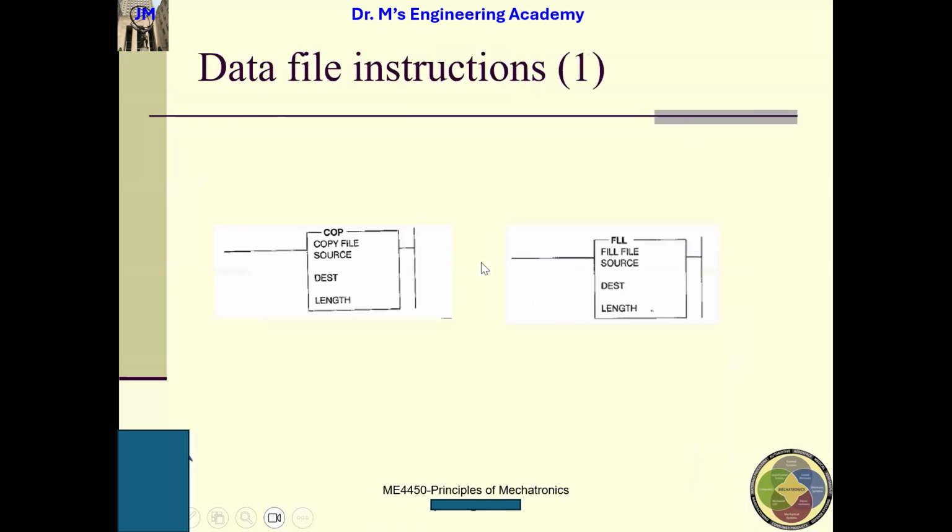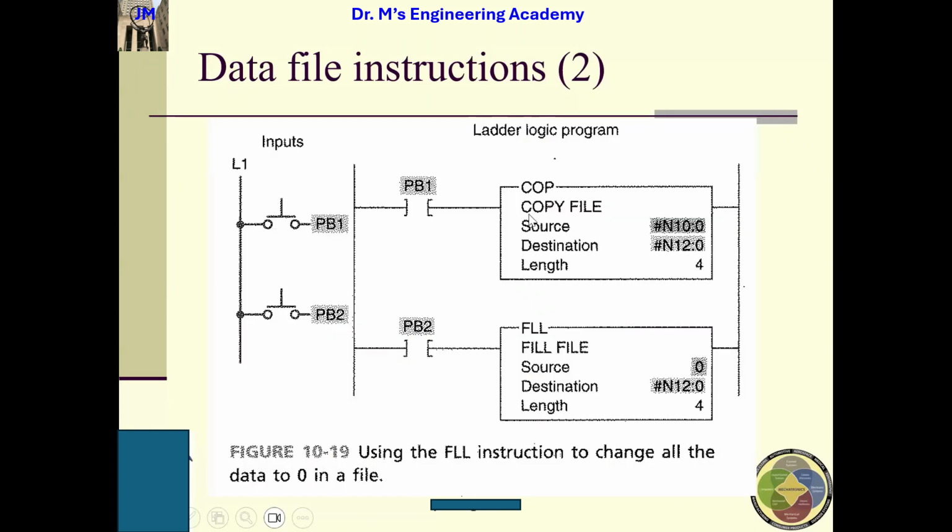Now we have copy and fill. The copy has source, destination, and length, and fill is very, very similar. Copy and fill go from the source address to the destination address. You can see this is my source address, and this is my destination address.